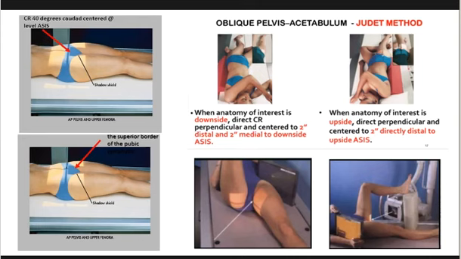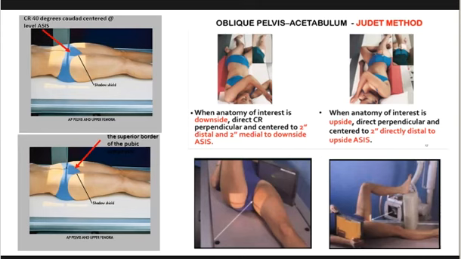So one oblique projection is where the area of interest is close in contact to the tabletop. If the area of interest is close in contact to the tabletop, what position is that? That is the RPO position.